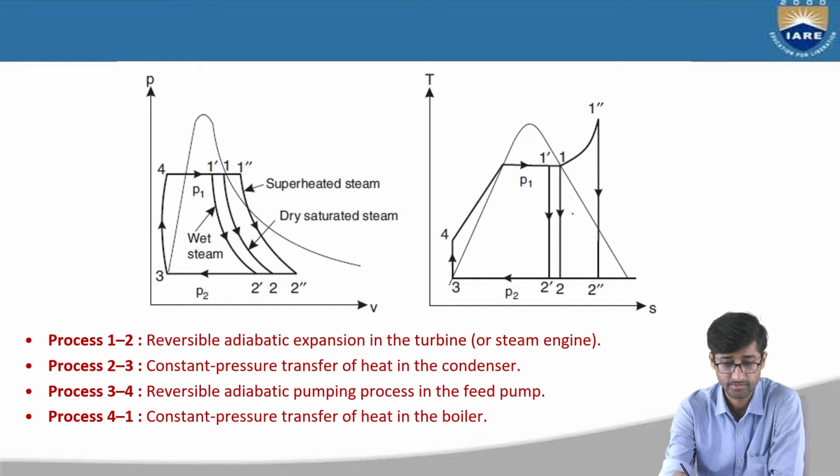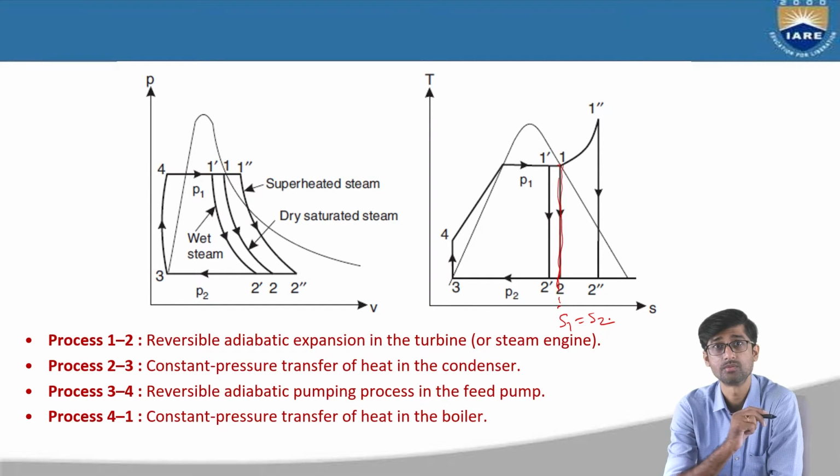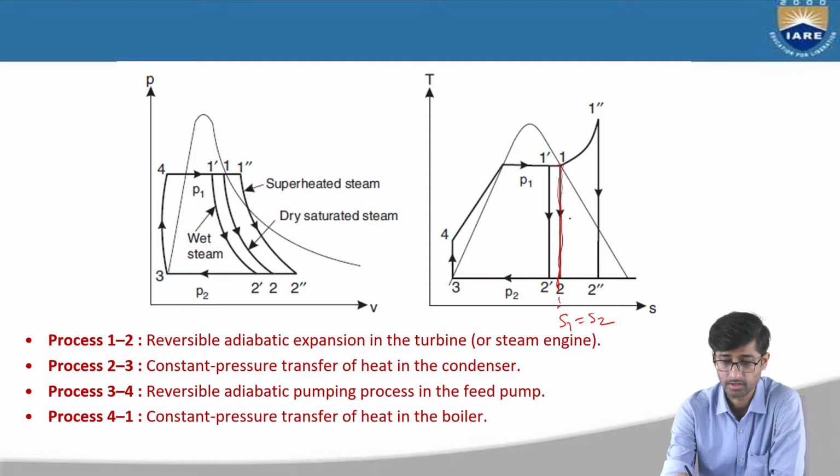So 1 to 2 is a reversible adiabatic expansion process. This is the isentropic process where the entropy remains constant, let's say S1 equals S2. This is the turbine, and here it produces turbine work, WT.